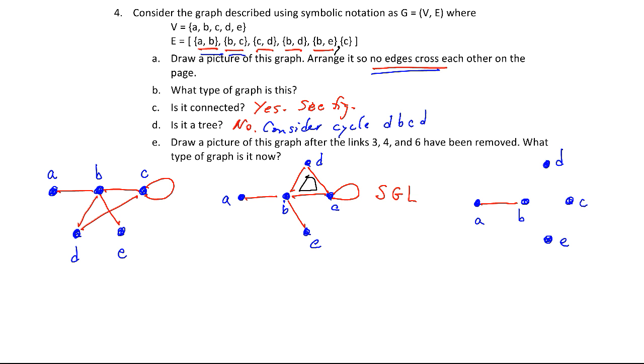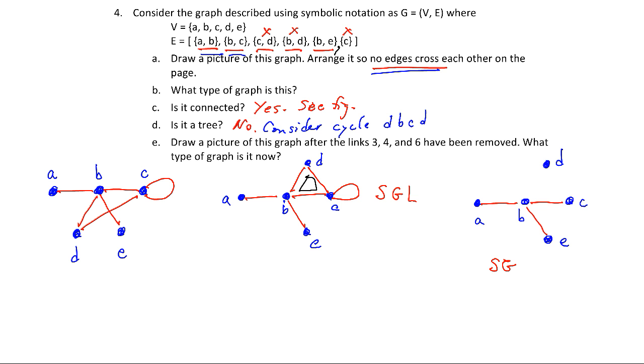And from B to C. But we're going to remove links 3, 4, and 6. And now we're going to add one from B to E. And now the question is, what type of graph is it now? And this is just a simple graph with no loops, so an SG.